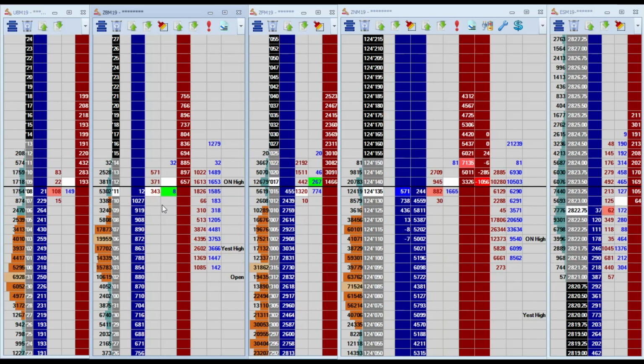Only one tick, unfortunately. We had orders hit down into this 10 level, and that did not pull off at all, so that just made me really nervous.